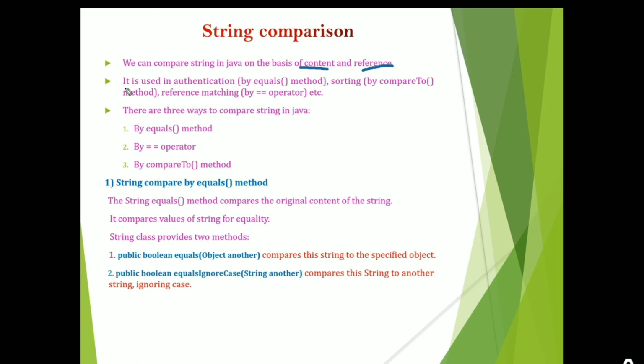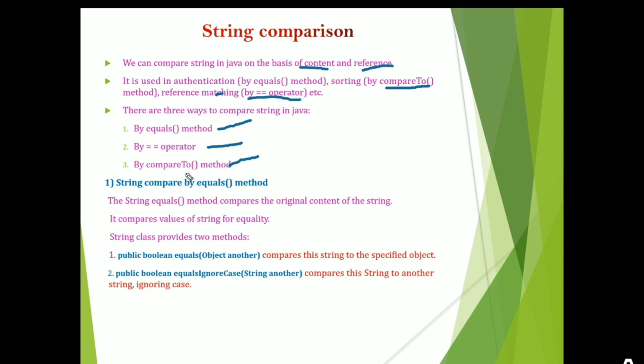Here it is used in authentication by the equals method, which is related to the string class, and sorting, by the compareTo method. CompareTo is another method used to compare, and another is reference matching, which is the double equal to operator, the relational operator. By using these three methods, the equals method, the double equal to operator and the compareTo method, we can compare strings.